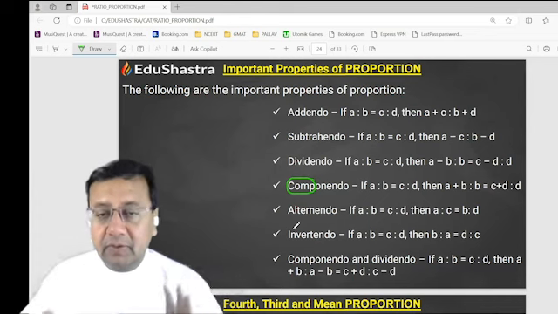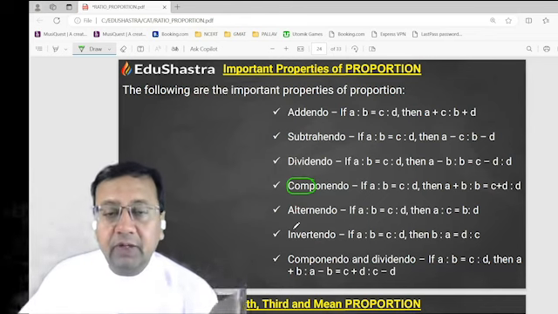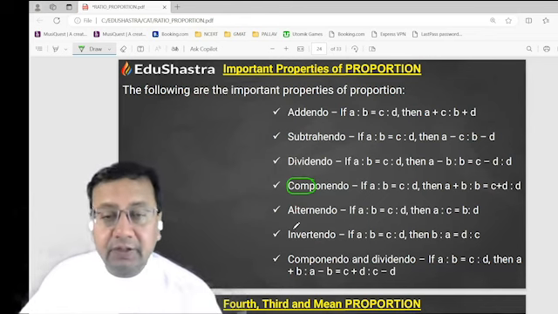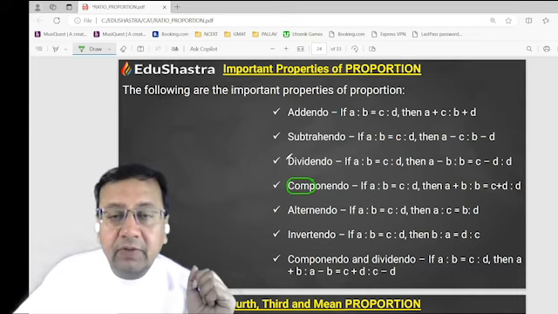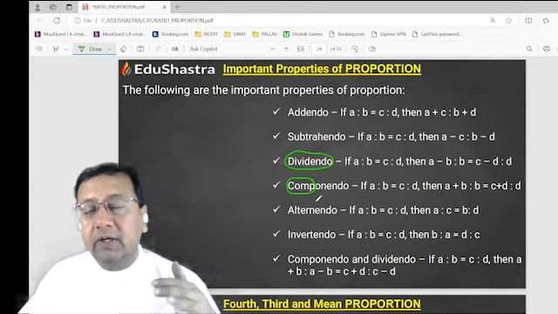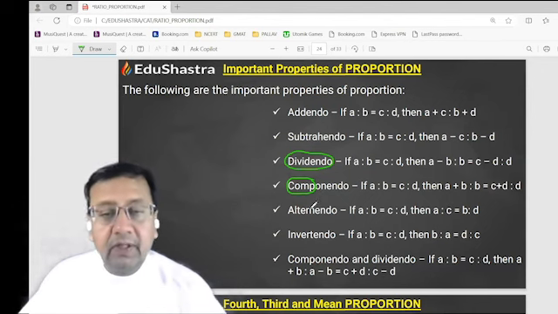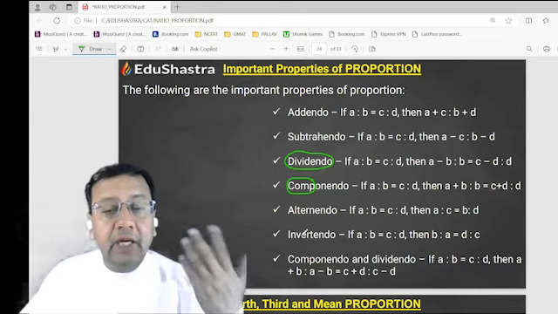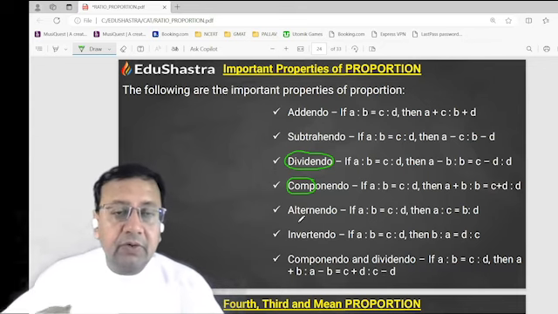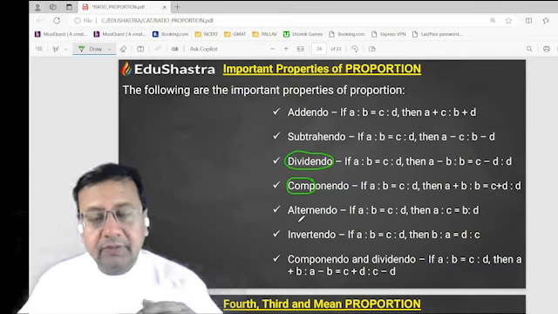Assimilation of a small thing, right? So in componendo, we are increasing the ratio, and in dividendo, we are decreasing the ratio. Alternando, changing the terms, invertendo, inverting the term, right? So all these ratio properties are there.